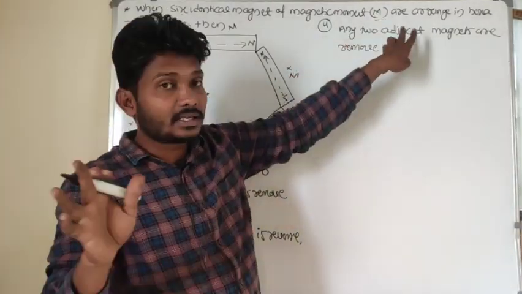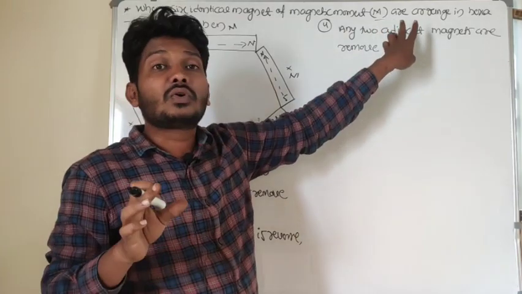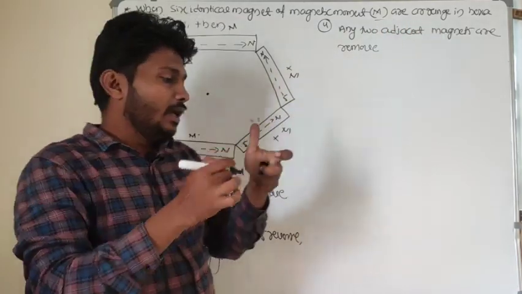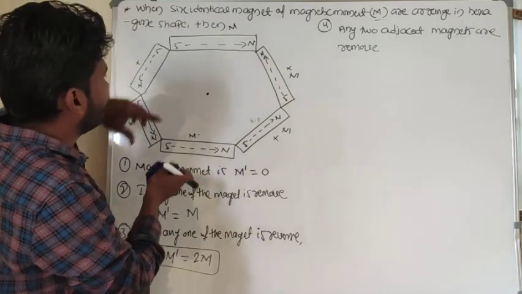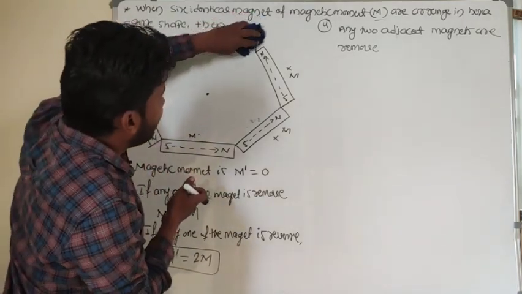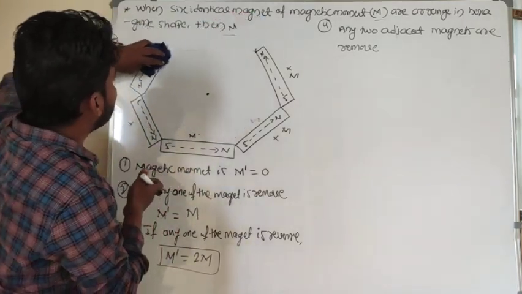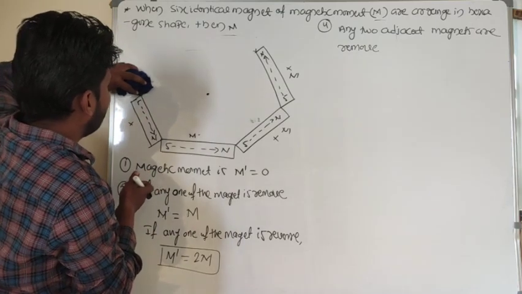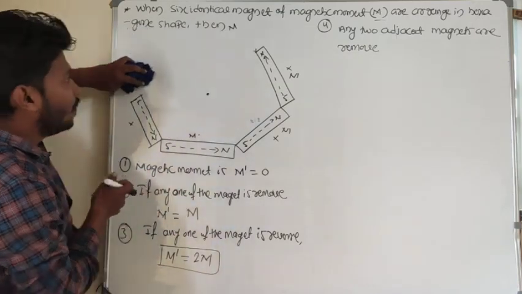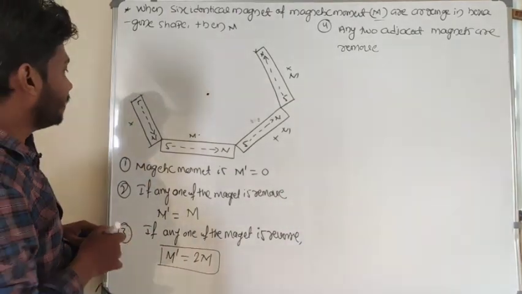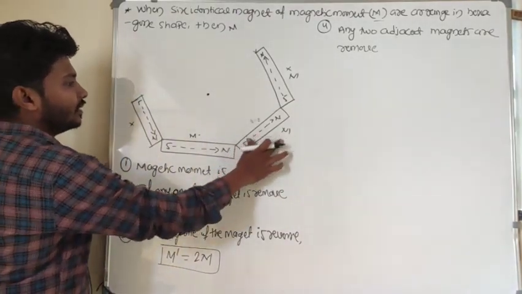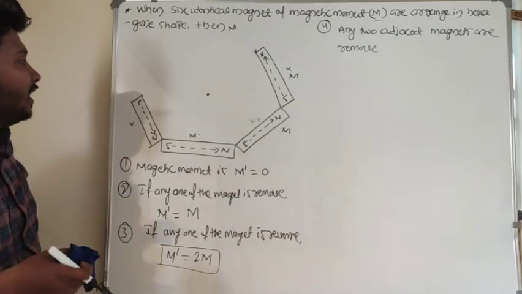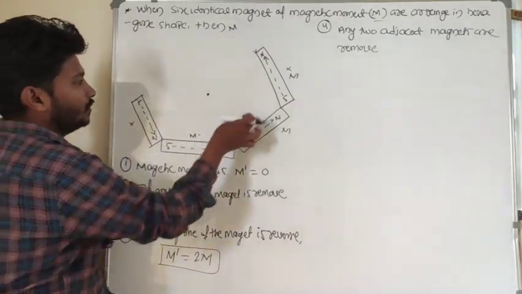So 2 adjacent magnets, remember, I will remove 2 adjacent magnets here. If I remove these 2 adjacent magnets, then what about the new magnetic moment? Look at here, in this case, I will take 4 magnets here, 1 2 3 4.